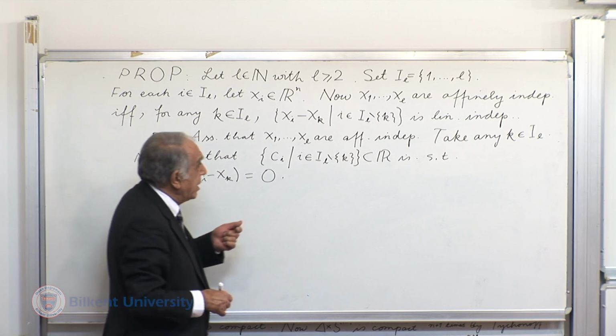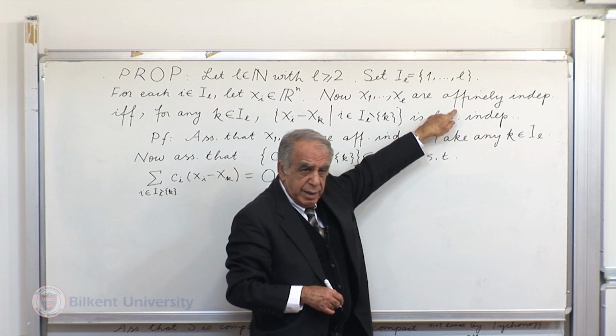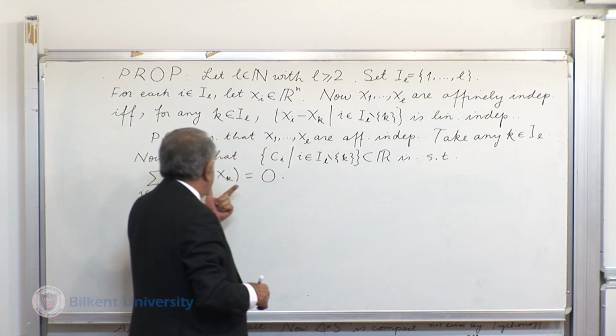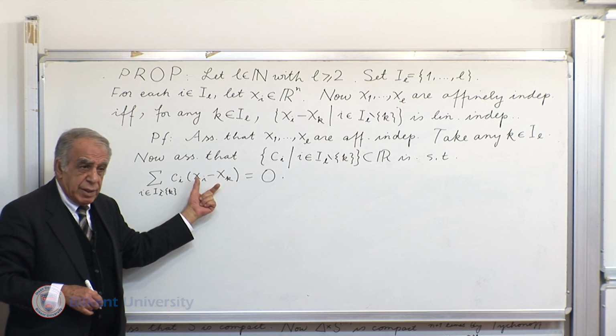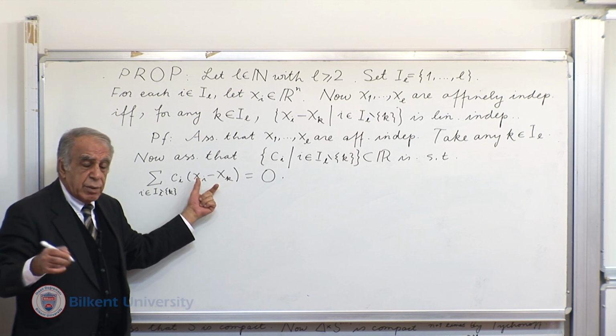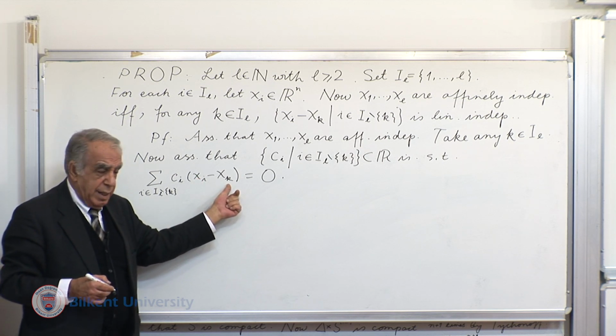But what we know is that x_1 up to x_L are affinely independent. Now, this is simultaneously a linear combination of x_1, x_2 up to x_L, including x_k.